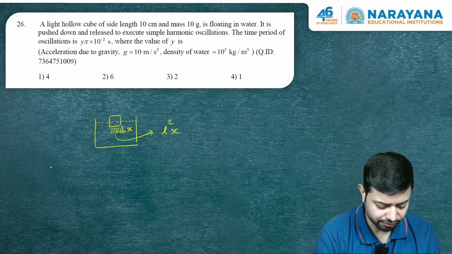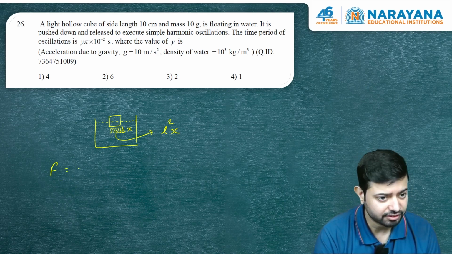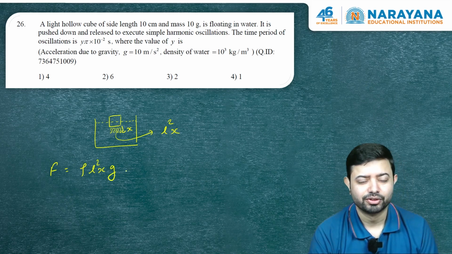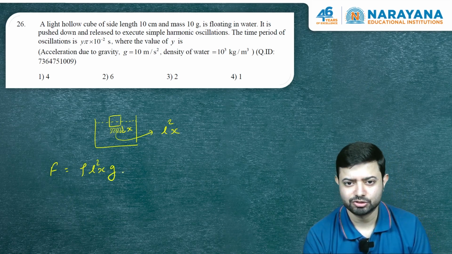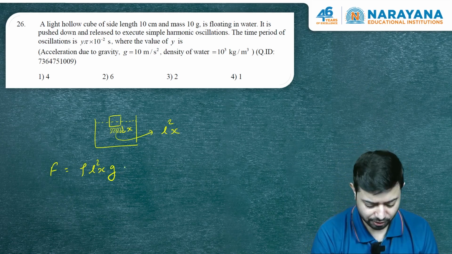So, what is the extra force that is generated because of that buoyancy? We know the formula: density of the liquid into volume displaced, that is rho L square x into g. This is the force. Now, this force will also be the net force on that particular object, and we know the net force as per Newton's second law is mass into acceleration.